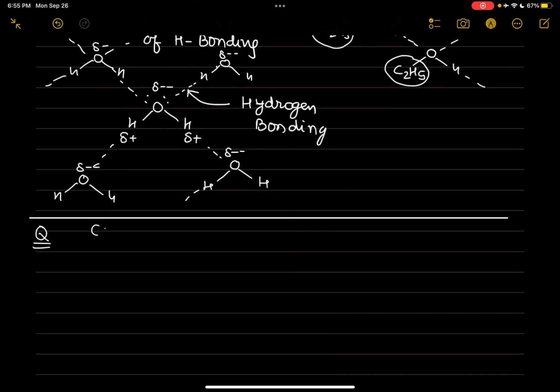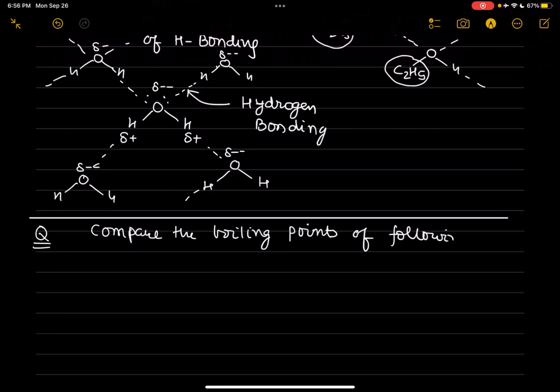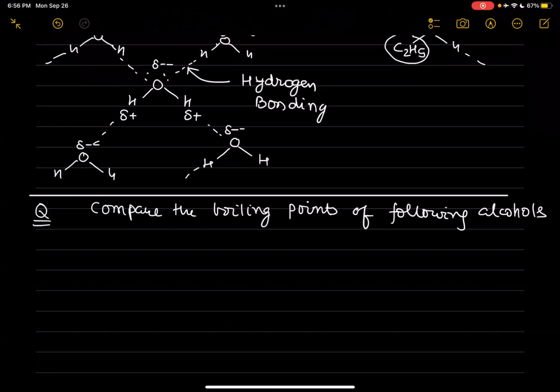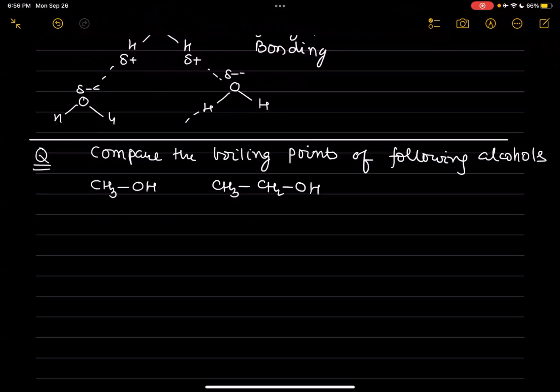Suppose I ask you to compare the boiling points of the following alcohols: methanol and ethanol, then 1-butanol, because the OH is on the first carbon, and 2-butanol.